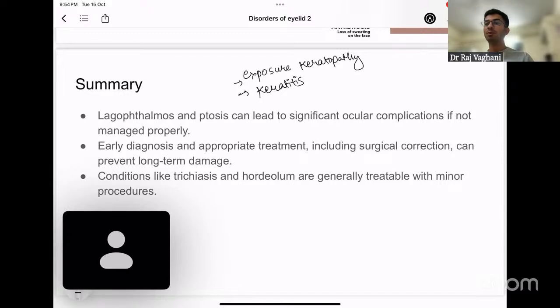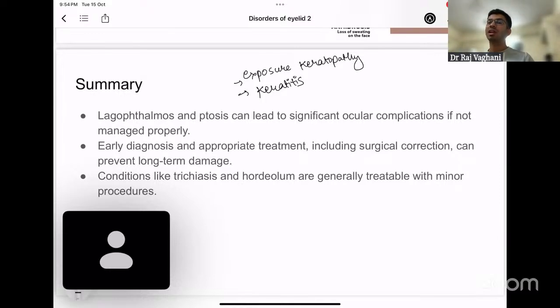Early diagnosis and appropriate treatment, including surgical correction, can prevent long-term damage because these are not very serious or immediately demanding conditions. If you diagnose it very early, then you can manage it using so many options. It is not that you have to do surgery only.